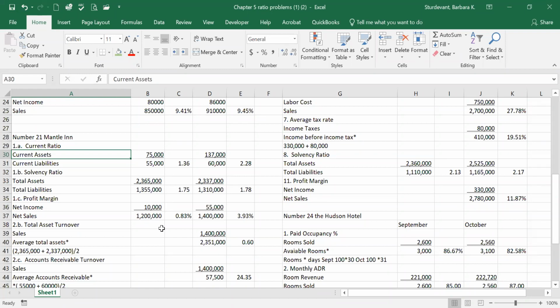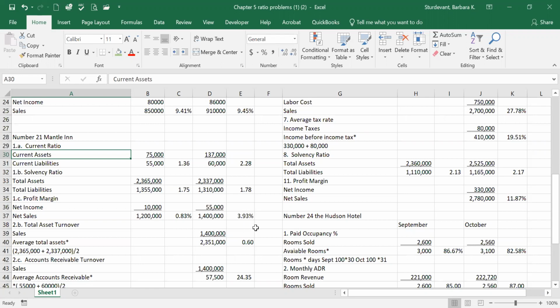Profit margin. Okay, big improvement here. Net income in the first year was only 10,000 compared to $1.2 million in sales. So it didn't even make a full percent. But then when we went to the next year, we got a nice percentage.